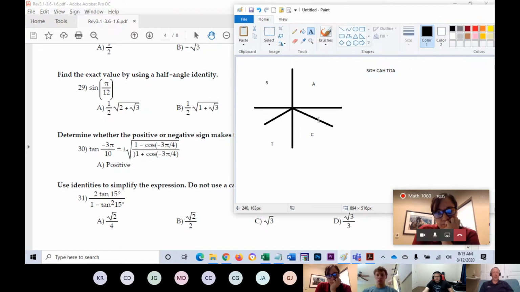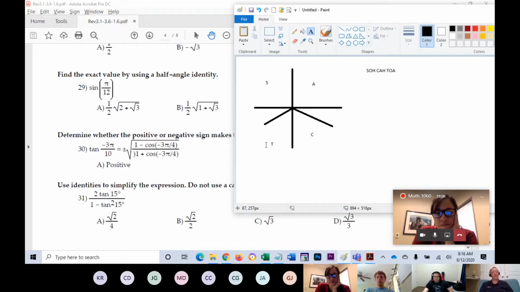But anyway, if we're measuring it from the negative direction, this is going to be here. So the tangent's going to be negative in quadrant 4, and the cosine, let's see, the cosine is also going to be negative. Let me think about this though. Yeah, it's still going to be negative. Wait, you can't take the square root of a negative number though.